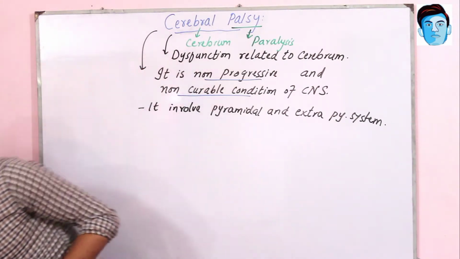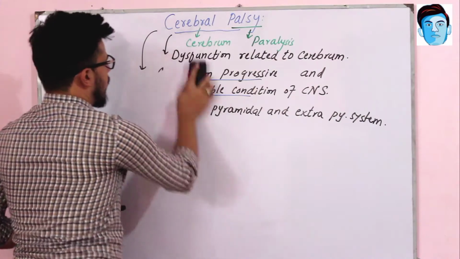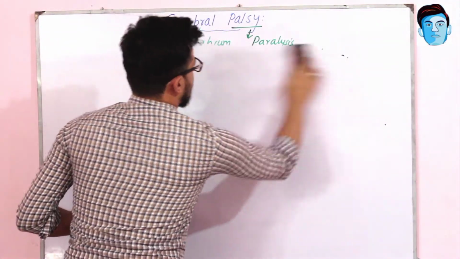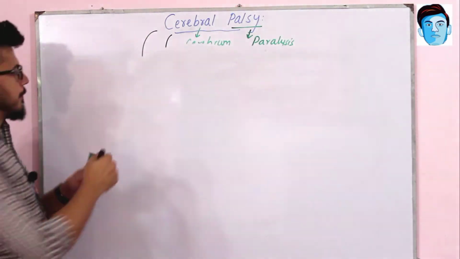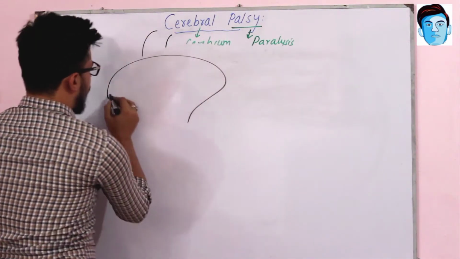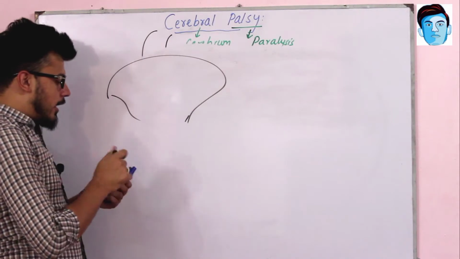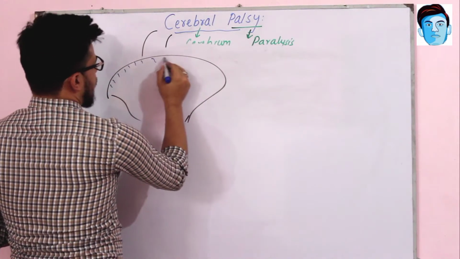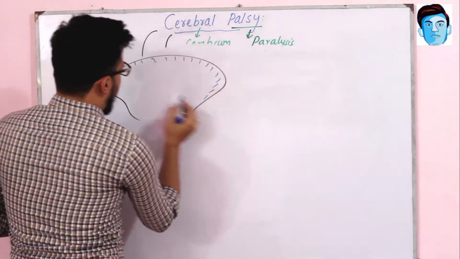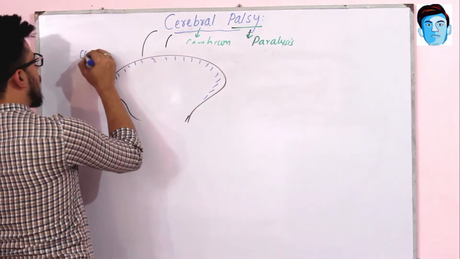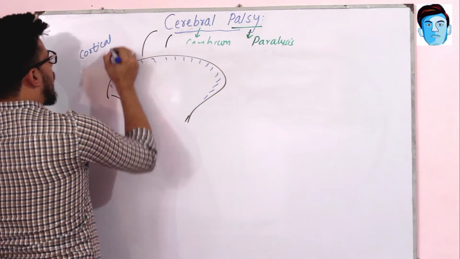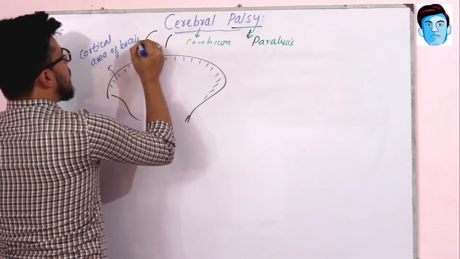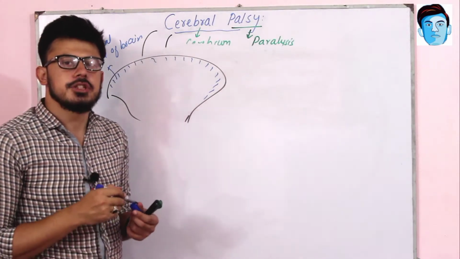Now let's suppose this is a brain. This area of the brain that is here is called the cortical area of the brain, and maximum oxygen is required in such a place.